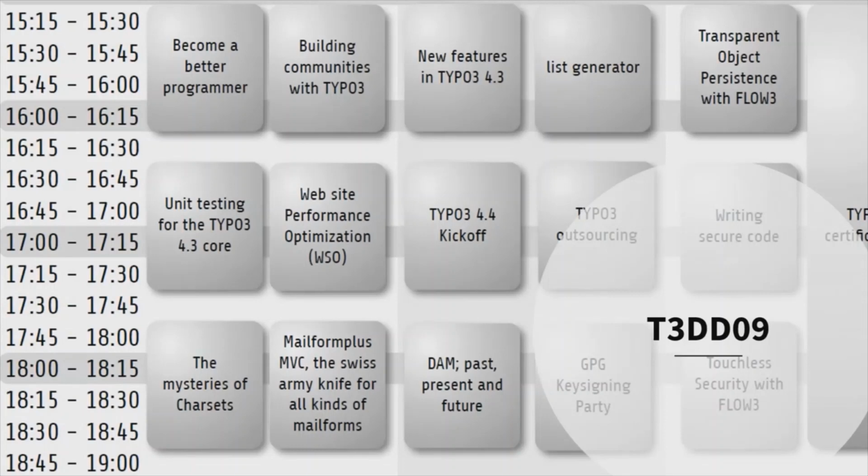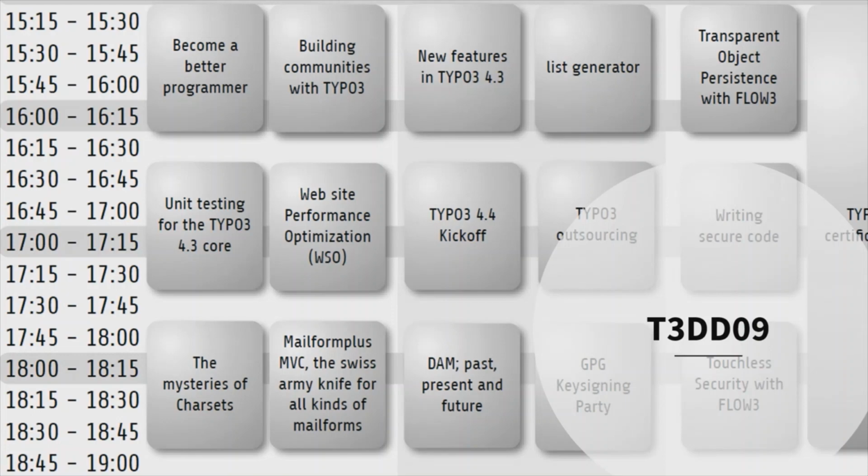We had the 4.4 kickoff, new features in TYPO3 4.3, and stuff around TYPO3 which is not directly related, like the miseries of char sets. It's still a misery. And we had unit testing for the TYPO3 core, so remember the unit testing thing.